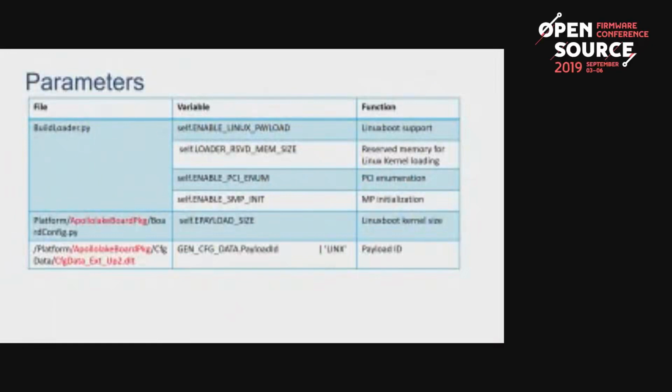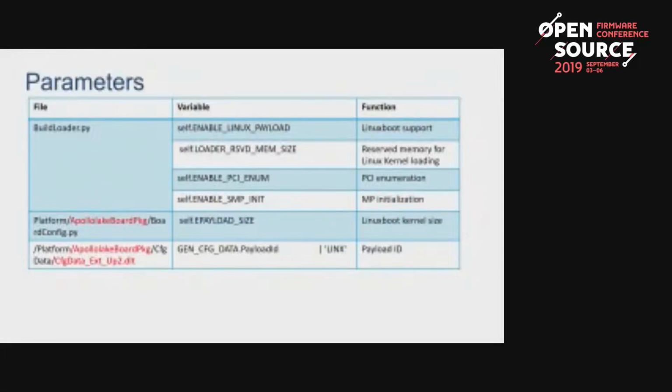If you are from Coreboot, you know you can change the Kconfig, right? So these are kind of similar. Inside the BuildLoader Python file, there are a few parameters you need to change. You need to set enable Linuxboot equal to 1, which enables Linuxboot support.